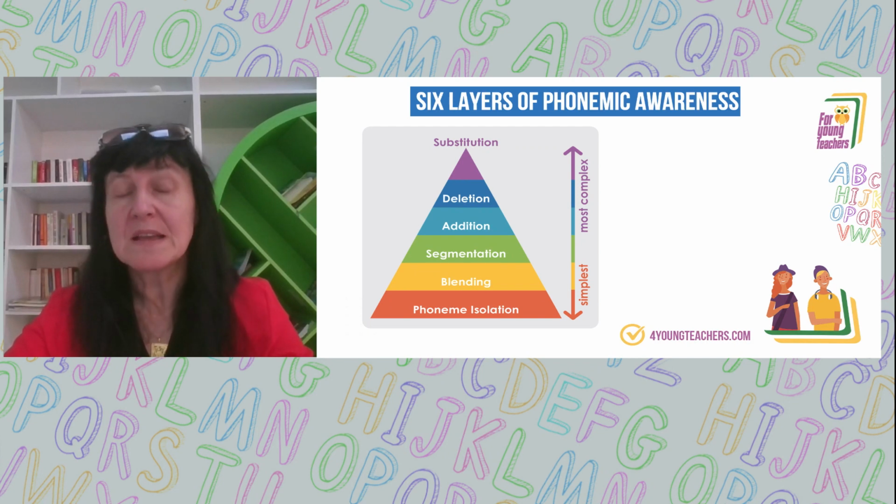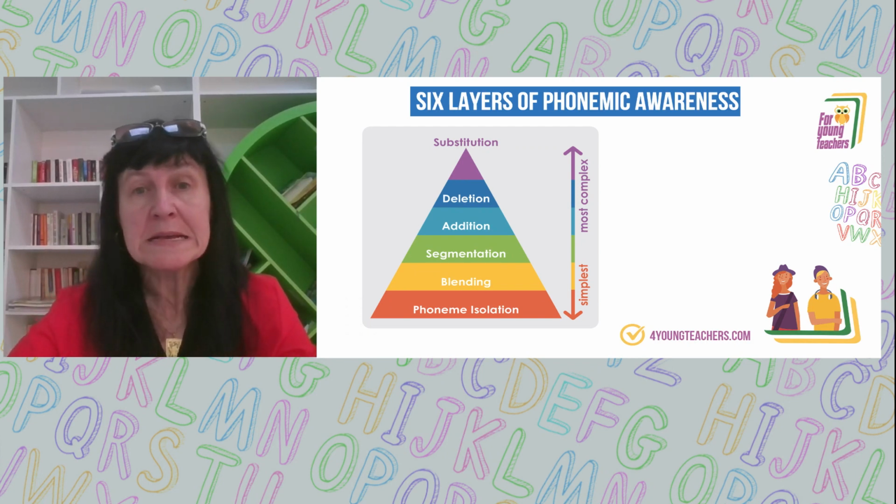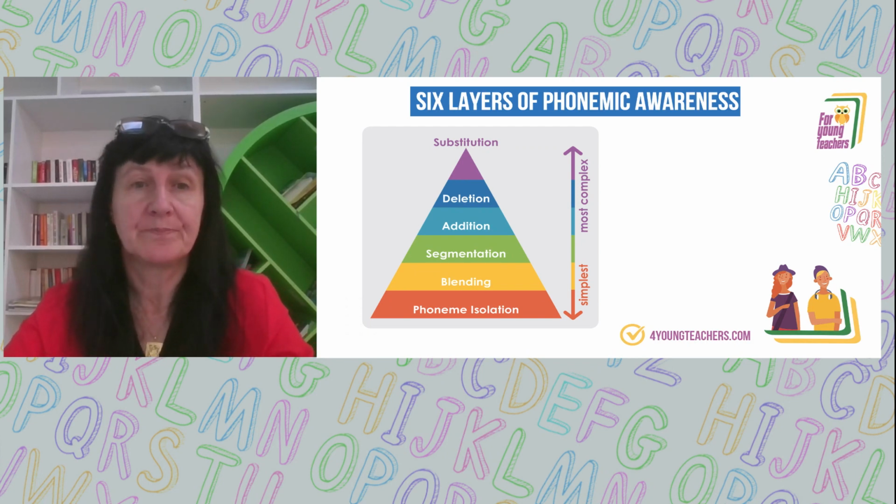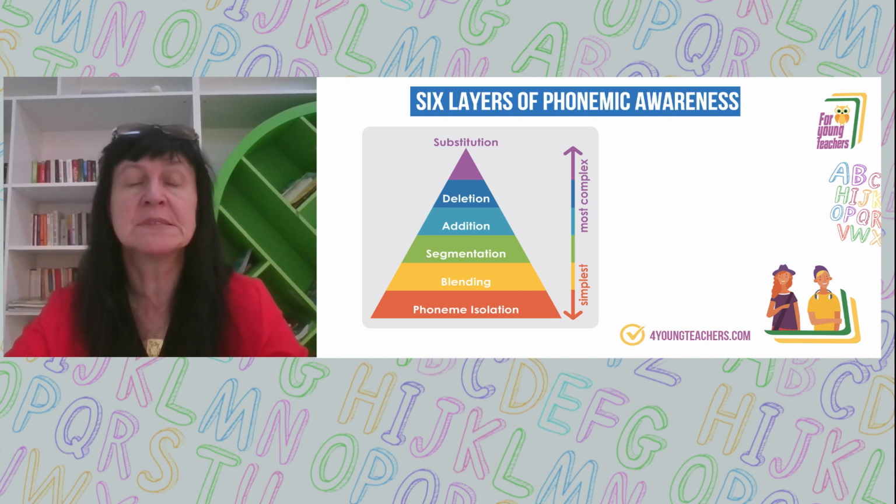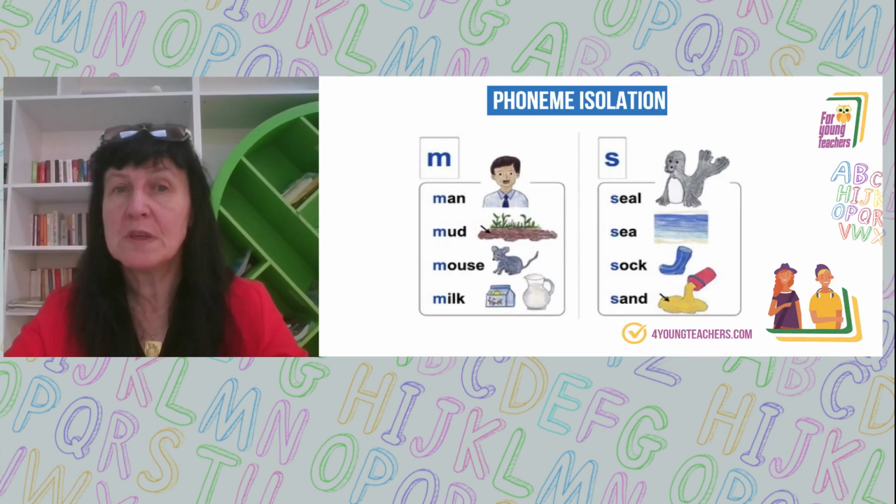So if kids are phonemically aware, they can do the following things. They can isolate phonemes, they can blend phonemes, segment phonemes, manipulate phonemes, add and delete phonemes. What is phoneme isolation? Hearing and isolating the individual phonemes or sounds in spoken words represents the first layer of skillful phonemic awareness.